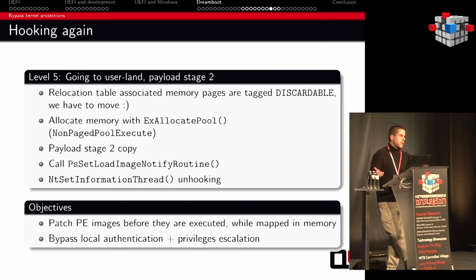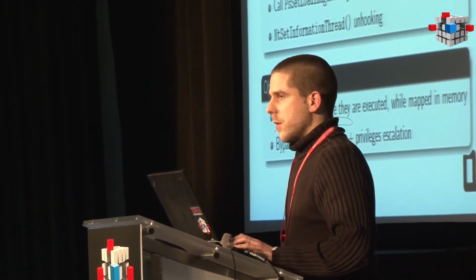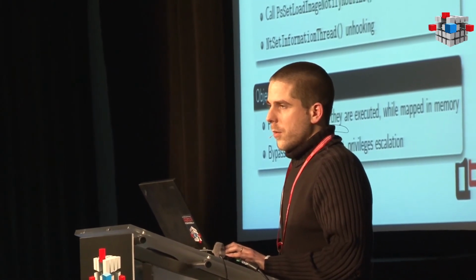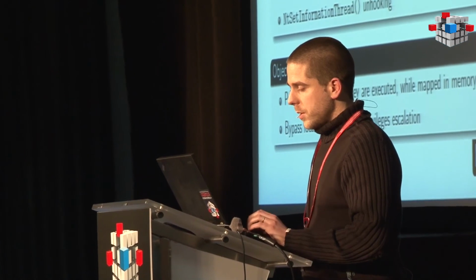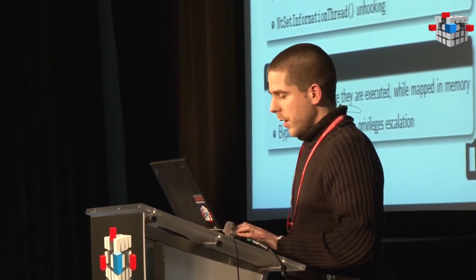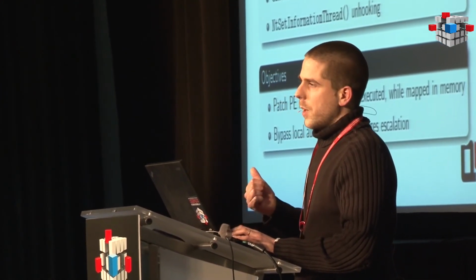And next, I copy the bootkit code into this memory location. And next, in this code, I can now call PsSetLoadImageNotifyRoutine to deploy the final payloads: the first one, which bypasses local authentication, and the second one, which does a privilege escalation.